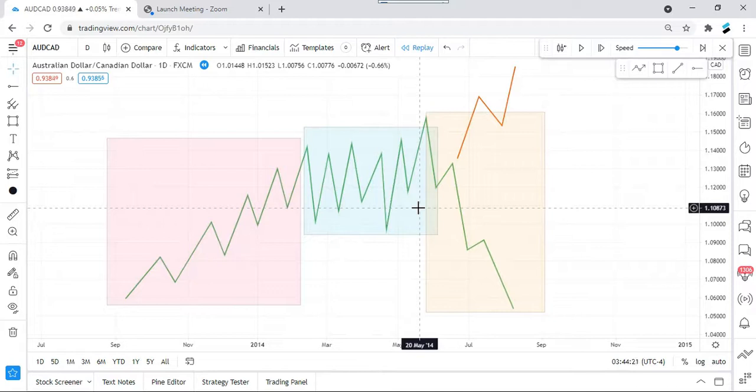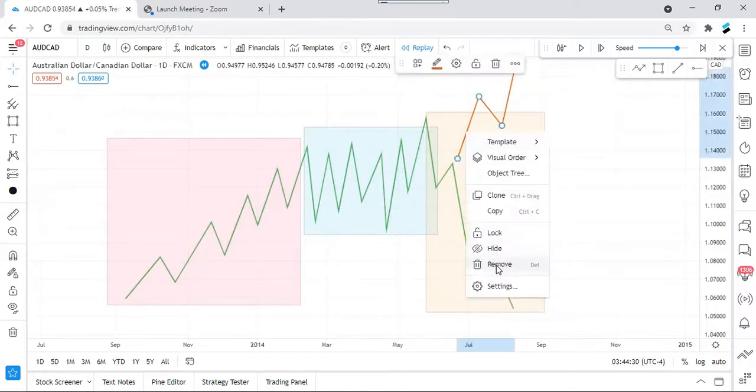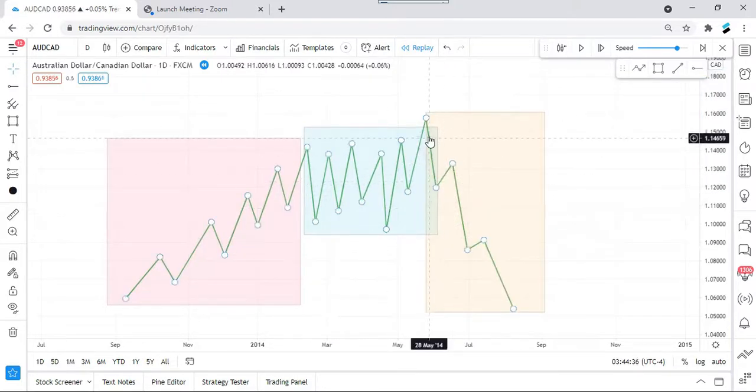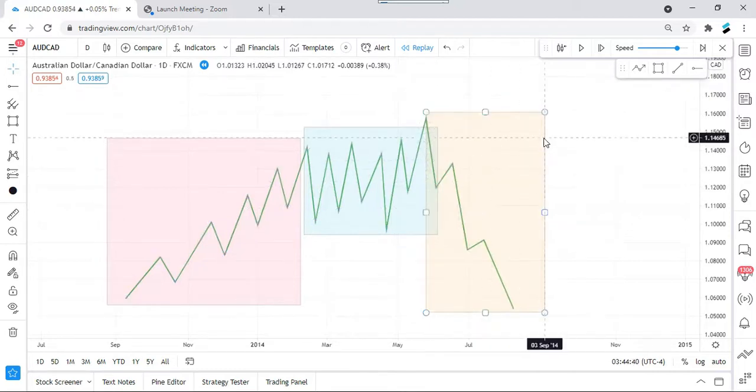Now, before we go into accumulation and distribution, which will be another topic, let's talk about why the banks want to go through a phase of consolidation before they decide to take the price up or take the price down.